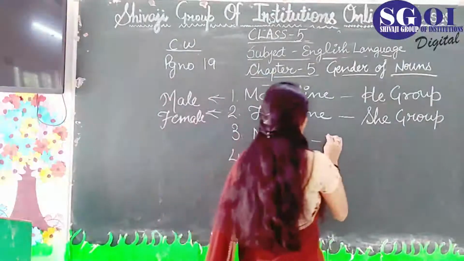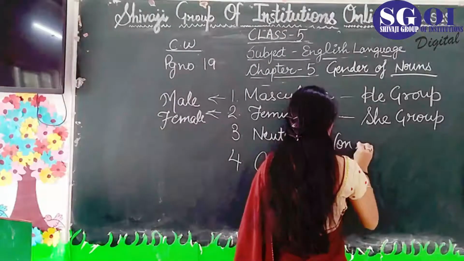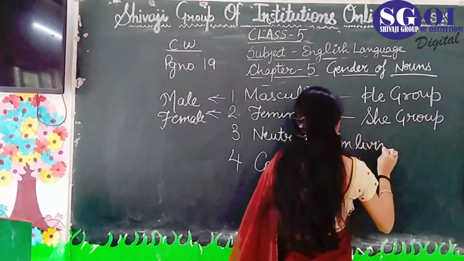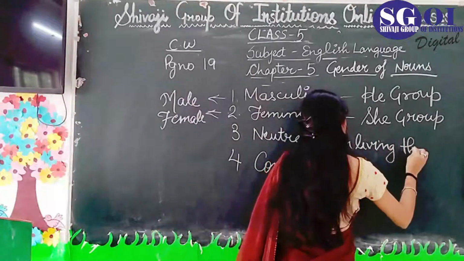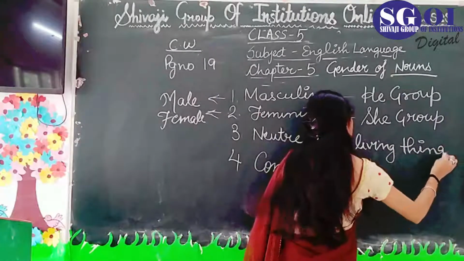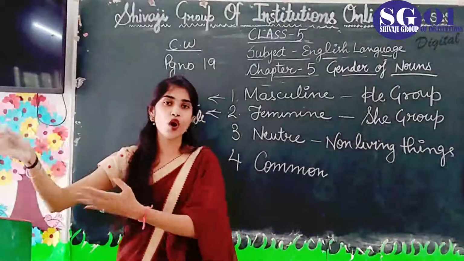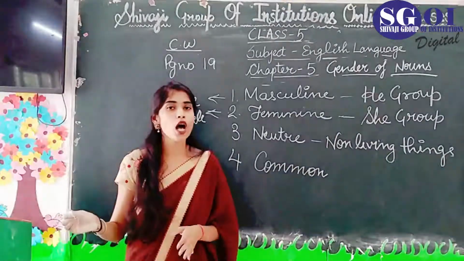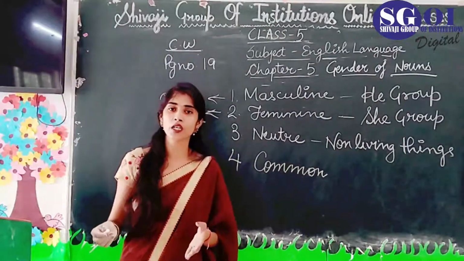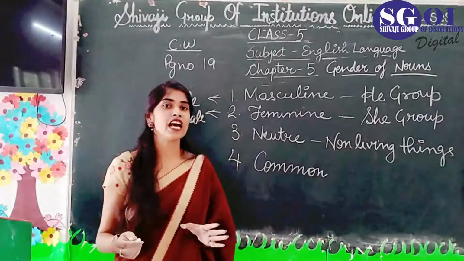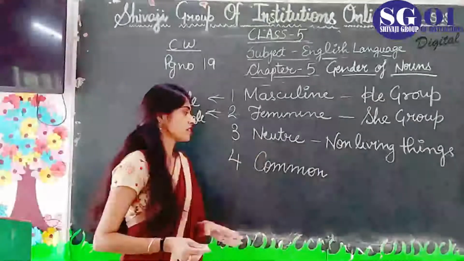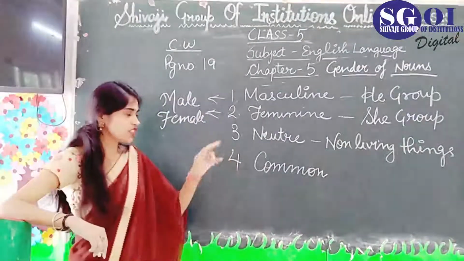New things, like table, chair, pen, pencil, door, wall, window, all the non-living things, bag, book. Okay, these are all neuter genders, common genders.